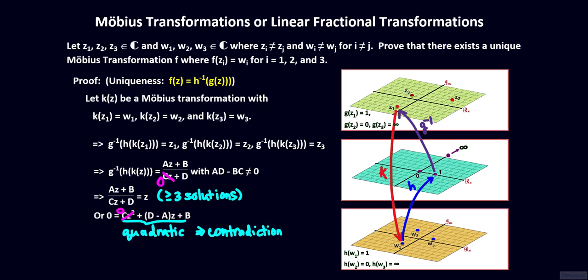But this leads to another contradiction, because now the equation is linear and can have no more than one solution. So the equation cannot be linear, which means that d minus a is equal to 0, or that d equals a. We are also left with b being equal to 0. Therefore, G inverse of H of K of z is z.